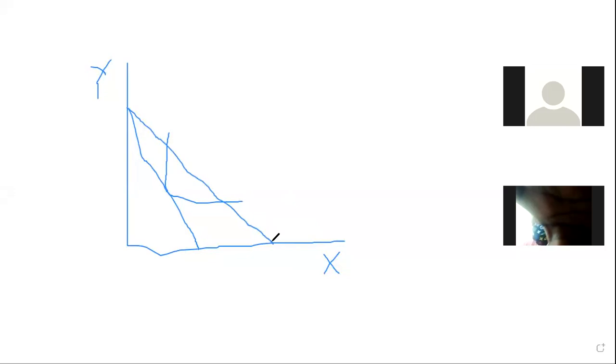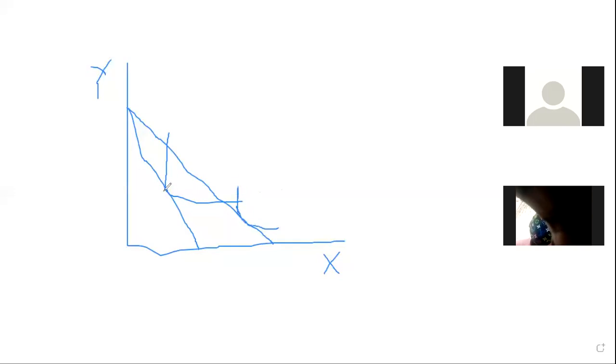Now note that we've said that in the commodity space, indifference curves are everywhere dense. So this new budget line is going to be tangent to another indifference curve in the commodity space. So let's say it is here.